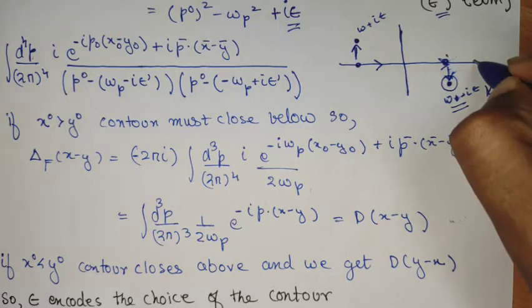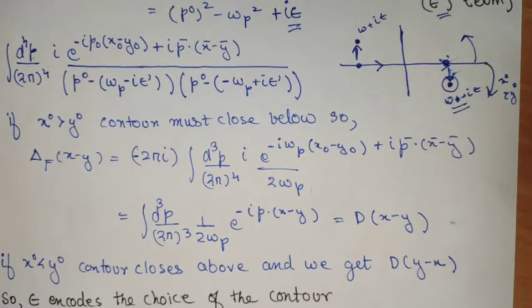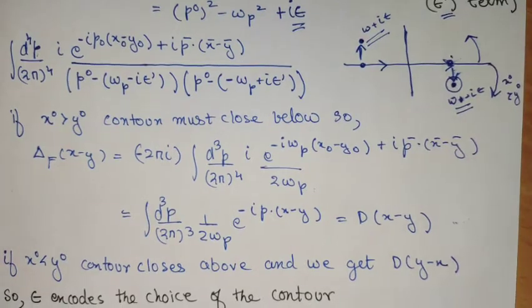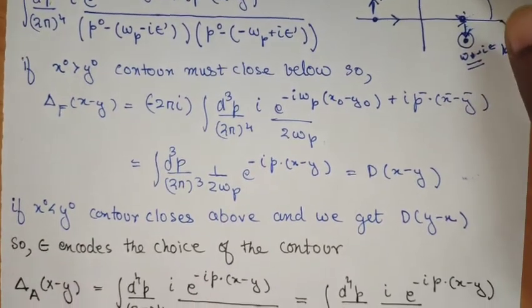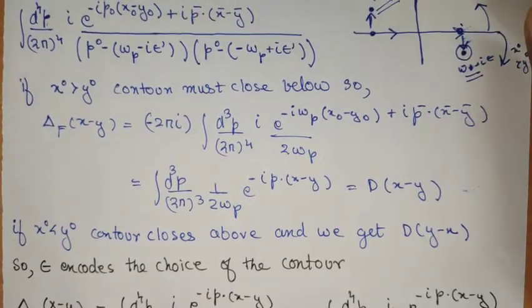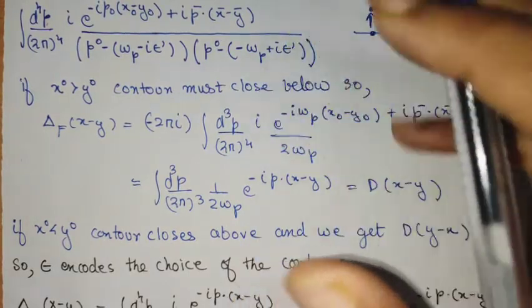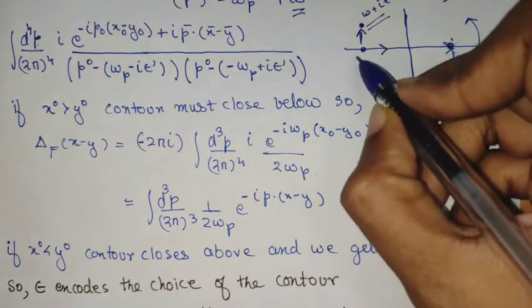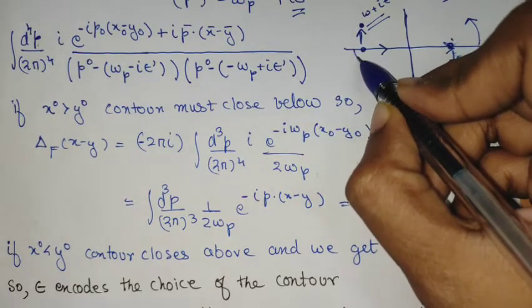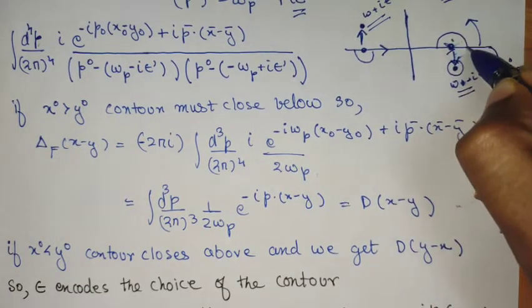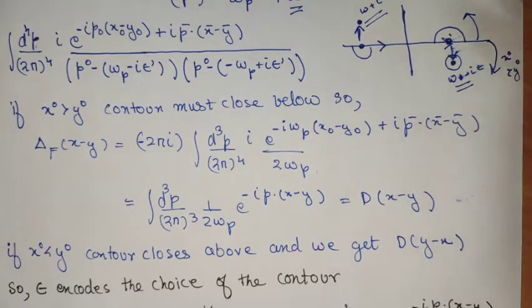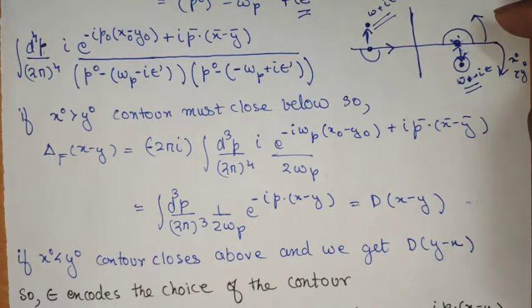If x0 is less than y0, the contour closes above, and I get a contribution from the root omega plus i epsilon. So we see the epsilon procedure, and at last when we set epsilon to be 0, we can already see that it is exactly giving the result for a contour of this form, as if the epsilon was not taken into account. So this procedure is nicely crafted to give this result.